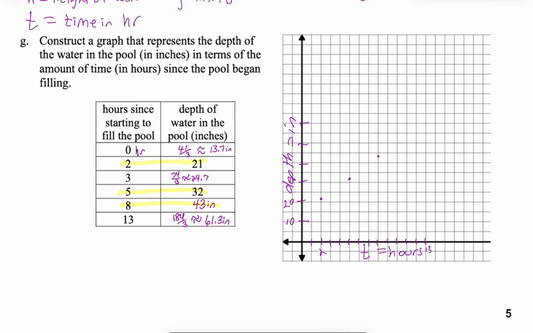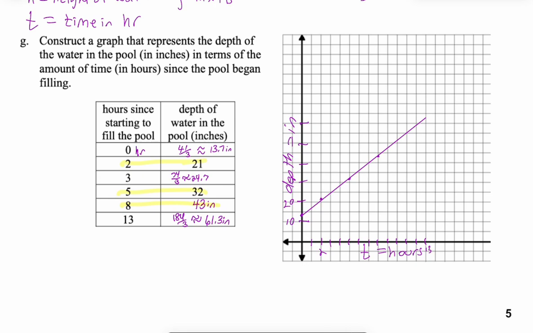And you can see they pretty much are going to form a linear equation. We have to go until we hit 13. So we started at a height of 13.7, which makes sense based upon our numbers here. And let's go up to the 13 mark. Maybe they stop filling it after that.